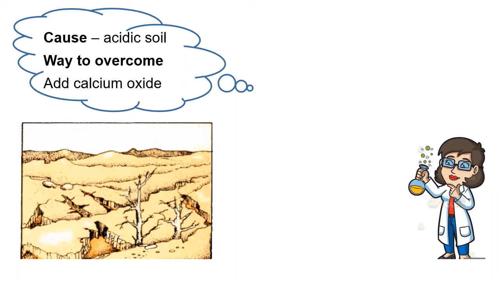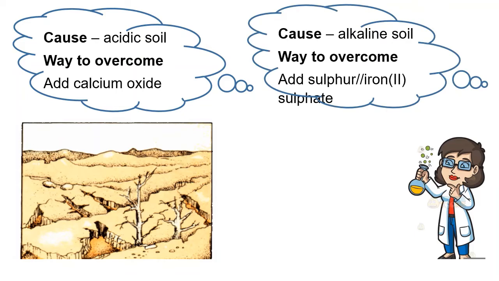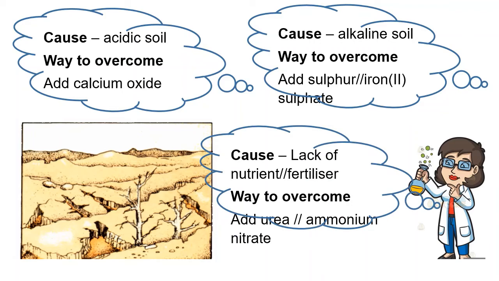To overcome it, add calcium oxide. Another possible cause is alkaline soil. To overcome it, add sulfur or iron(II) sulfate. Another possible cause is lack of nutrients or fertilizer. To overcome it, add urea or ammonium nitrate.